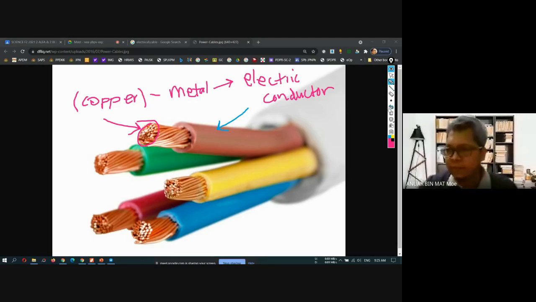Anybody can guess? You cannot see the electric actually, right? But what actually flows inside the copper? Anybody? Just give me any answer.